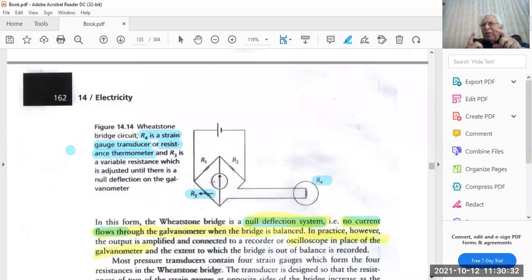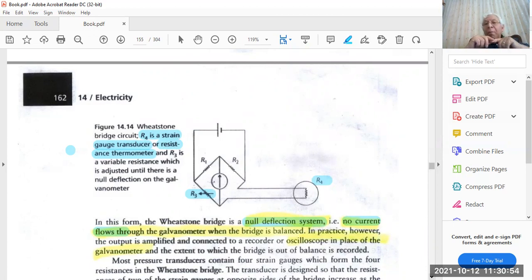No current is going. What's the meaning of that? Whenever R1 over R2 equals R3 over R4, I mean resistance, the deflection will be zero. It will be null deflection.